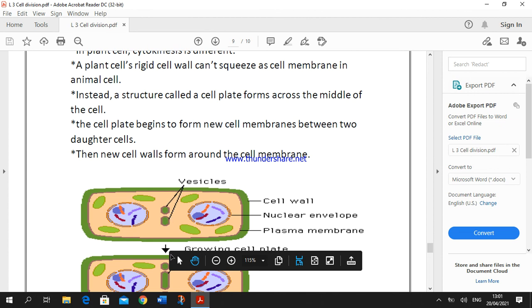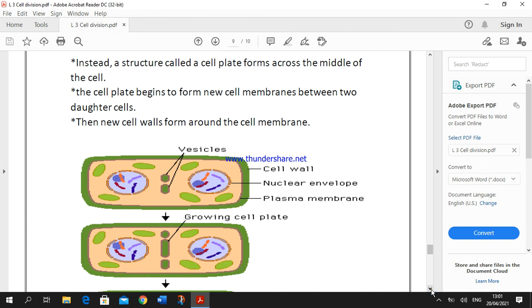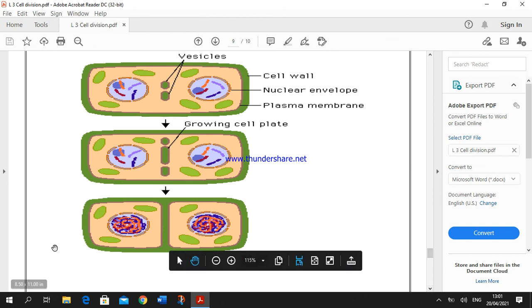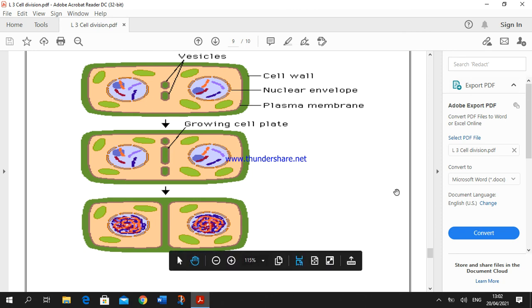The cell plate grows and begins to form new cell membranes between the daughter cells. And then a new cell wall forms around the cell membrane. Then the plant cell finally splits into 2 daughter cells, as we see, okay, where each daughter cell contains the same number of chromosomes as the parent cell.